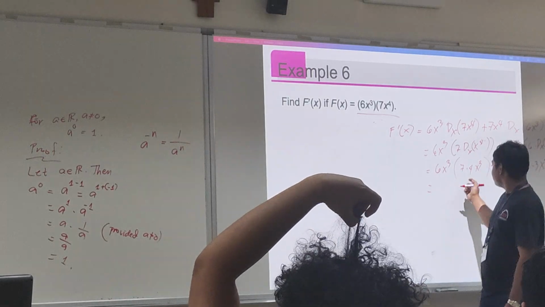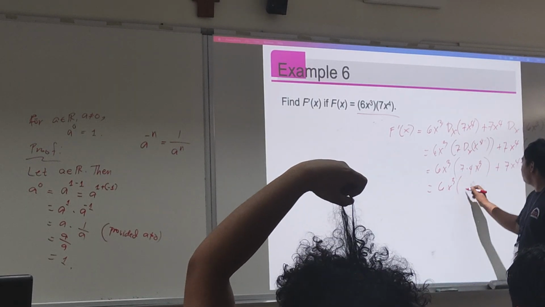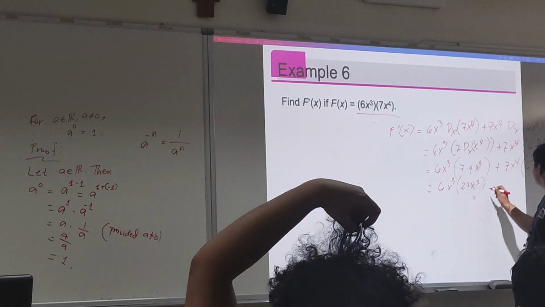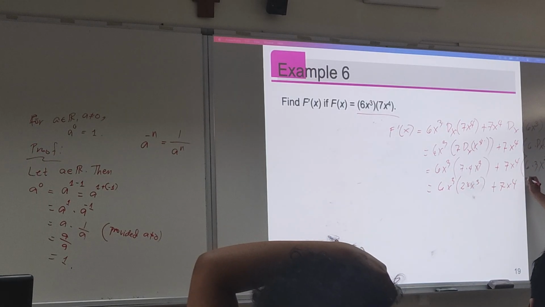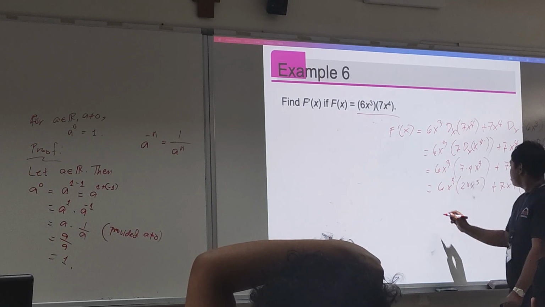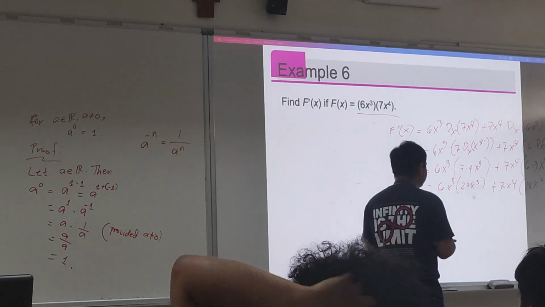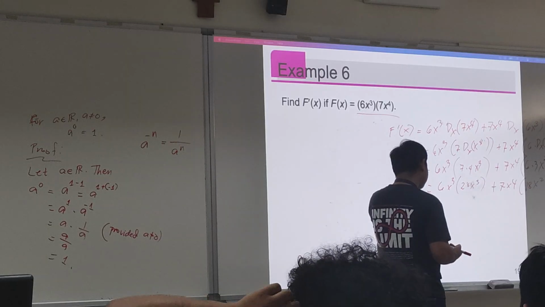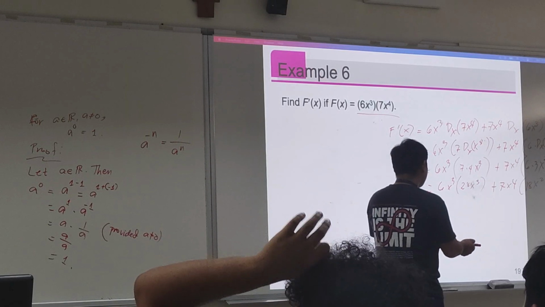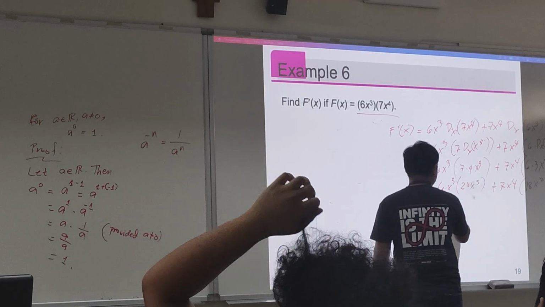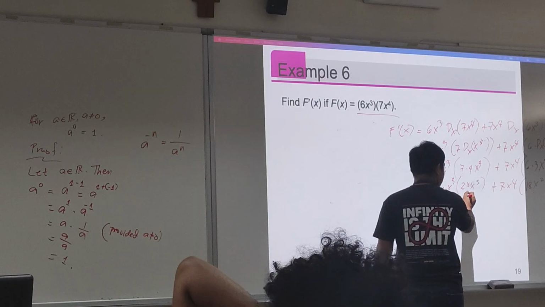So simplify further: this is 6x cubed times 28x cubed plus 7x to the 4th times 18x squared. So what is this one? 168 multiplied by x to the power of 6.